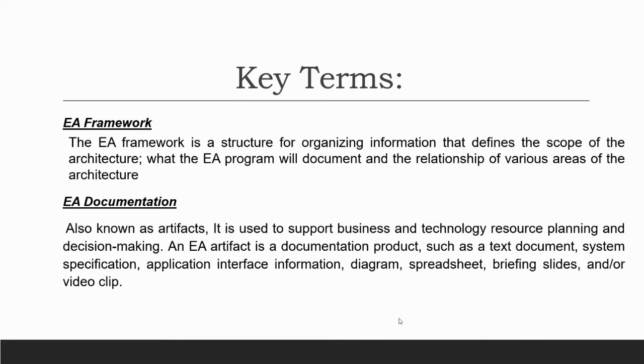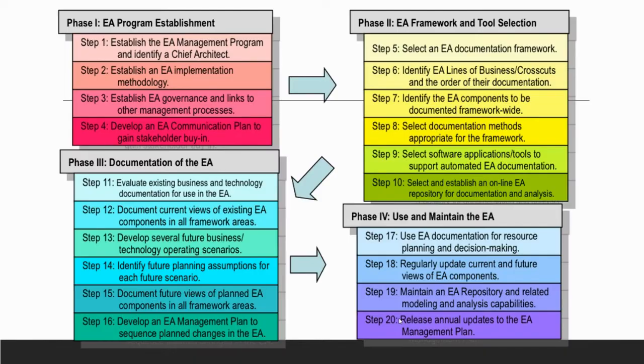We also have EA documentation, also known as artifacts. It is used to support business and technology resource planning and decision making. An artifact is a documentation product such as text documents, system specifications, application interface information, diagrams, spreadsheets, briefing slides, and or video clips.